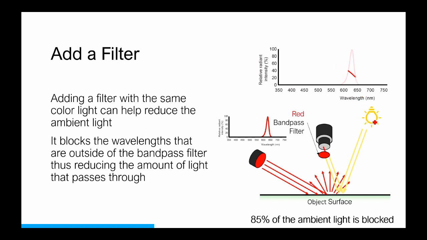And so what we want to do by adding a filter is we're essentially saying we're only going to let light into our camera that is between 600 and 650 nanometers. So all of our red light from our machine vision system is going to pass through the camera with no problem. But with this white ambient light here, we're now blocking 85% of the spectrum, and we're only letting through a small window of about 50 nanometers.